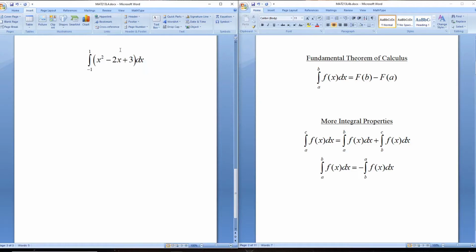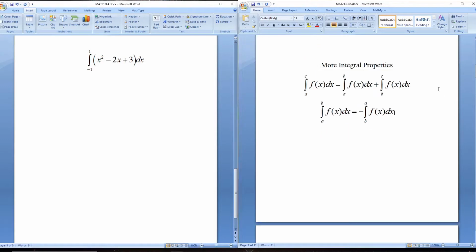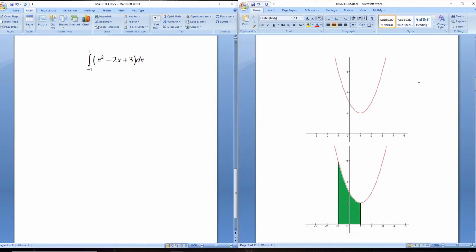Let's try this integral here. We're going to do from minus 1 to 1, and that's going to look like this on the right. Here's our parabola, and we're going to integrate from minus 1 to 1, so this green area is what we're figuring out.